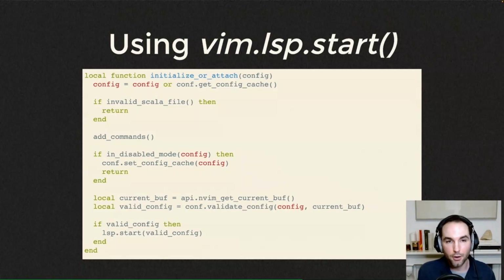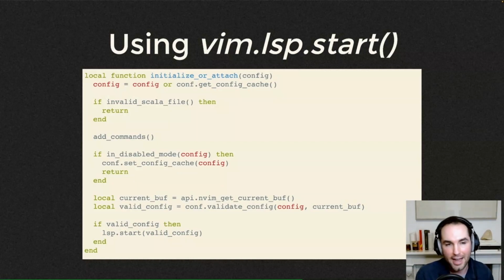So earlier, you saw the initialize or attach inside of the auto command. And here you see what happens. We have the option to cache some config, so that's what we're doing right away. We're checking to see if it's an invalid Scala file. What this does is, sometimes if you're using Git plugins and you see a Git merge tool thing, the file type will still actually be Scala instead of whatever custom type of thing is happening, and we don't want to attach to those types of buffers.